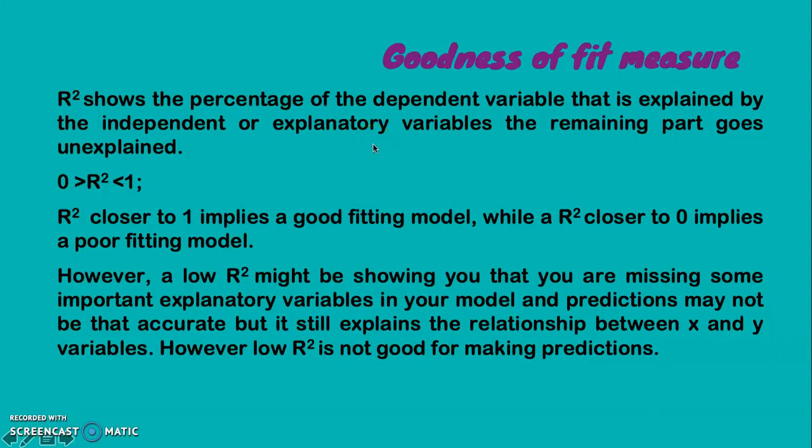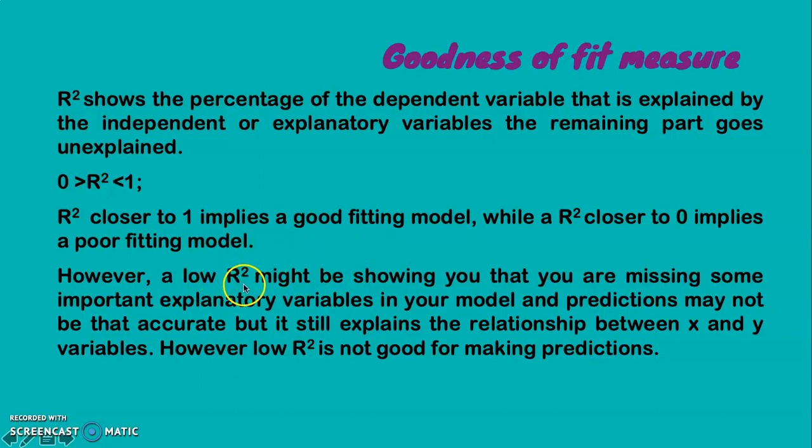Now let's talk about goodness of fit measure. How do you know that the model is a good fitting model and that it can be used for making predictions accurately? When your R square is closer to 1, it implies that your model is a good fitting model. But when your R square is closer to 0, it tells you that your model is a poor fitting model.